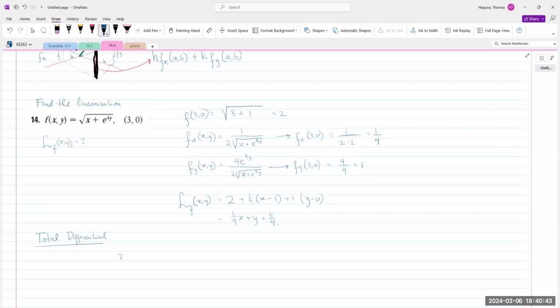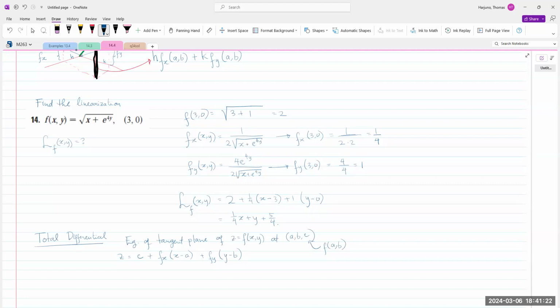Notice that we have z equals c plus f sub x times x minus a, plus f sub y times y minus b, right? This is the equation of the tangent plane of z as a function of x, y at (a, b, c), where the c is basically f of (a, b).